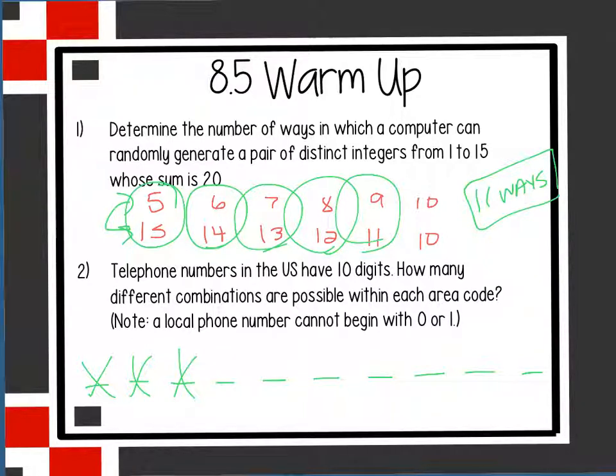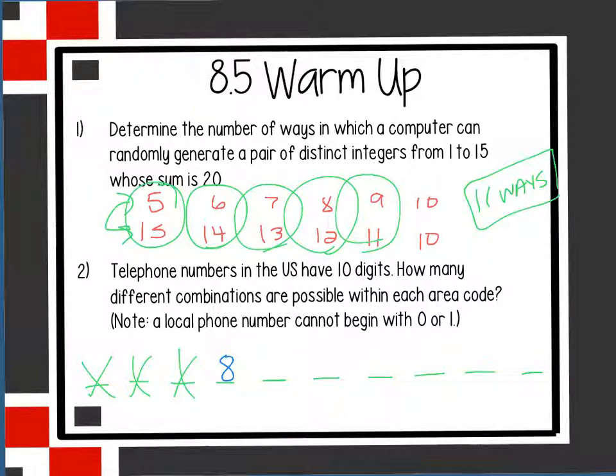So for the rest of them, it has to be a single digit, which we established yesterday was between 0 and 9, right? Except what other piece of information did they give you to worry about? It can't start with a 0 or a 1, which means that first spot, what's the number that goes there? 2. That's how many you're eliminating. 8. So there's 8 choices of numbers between 2 and 9 that could go there.